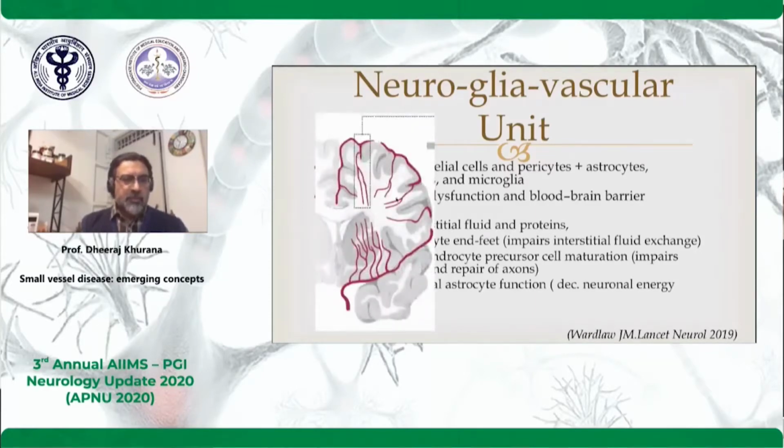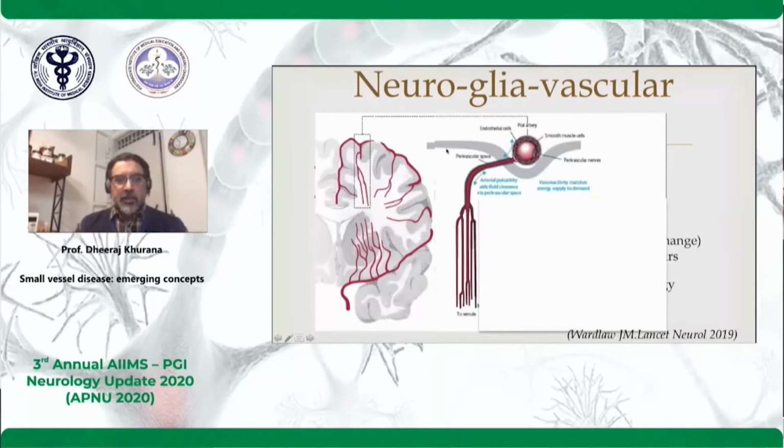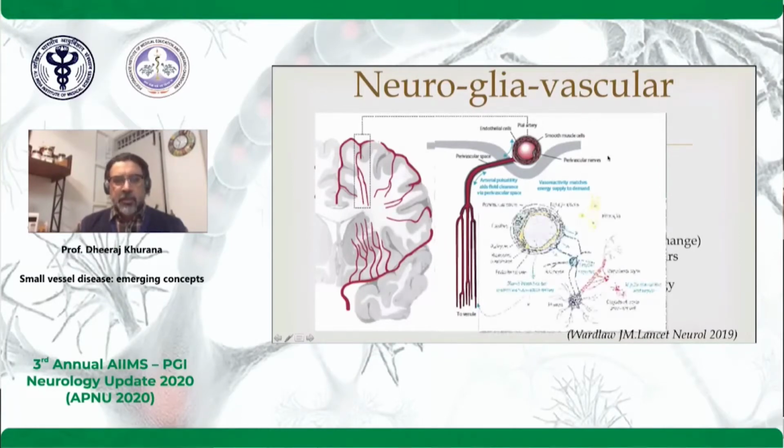So something very simple, which looks like a small vessel going inside the brain getting disrupted, is not as simple. What we need to remember is that the blood vessel is going along inside the brain, and this is the perivascular space. So as it dips in, we need to understand the blood-brain barrier.